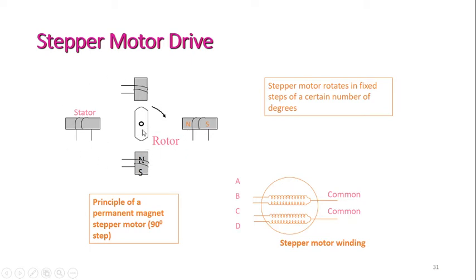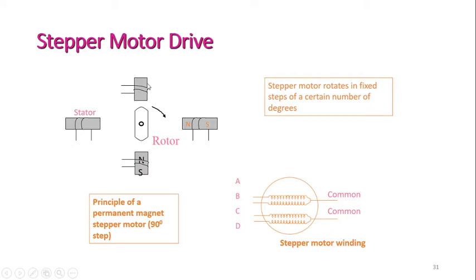One rotor is rotating. Depending on the pulses, in which order you are applying the pulses, that is the current supply, the pulse duration, and the pulse direction, in which direction you are applying the pulses to the coils, based on that the rotor is going to rotate either in the clockwise direction or in the anti-clockwise direction.